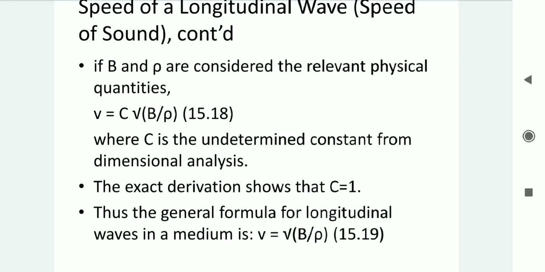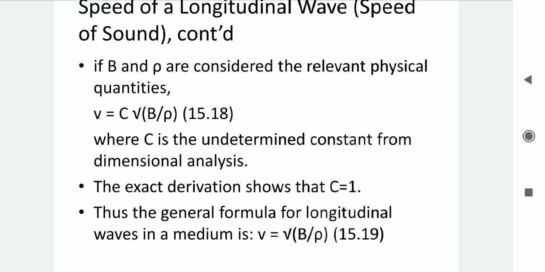Here, for a linear medium like a solid bar, the lateral expansion of the bar is negligible, and we consider only longitudinal strain. So in that case, the modulus of elasticity, the Young modulus, has the same dimension as the bulk modulus.